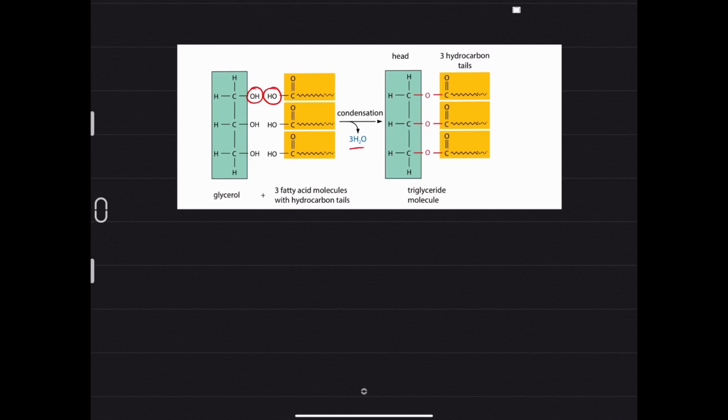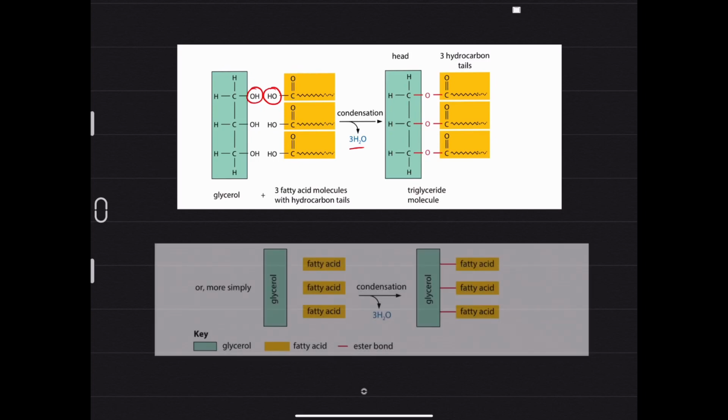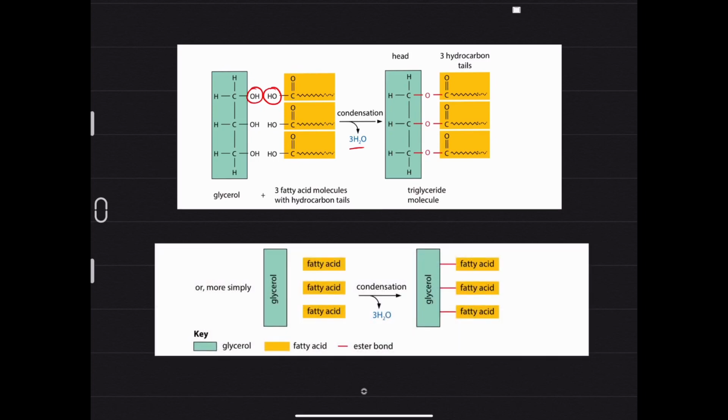And lipids, what you need to remember is lipids look in this manner, with a glycerol molecule and 3 fatty acid molecules combined to it. A more simplified version of our triglyceride, and you can see here how the glycerol and the fatty acids are represented and how they are combined together.